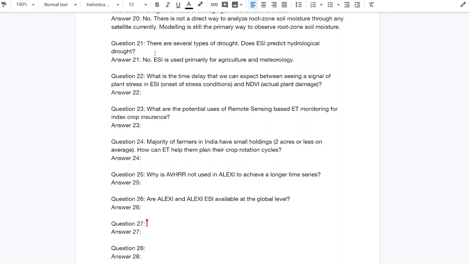Sometimes, if an area is exhibiting a long hydrological drought, we'll definitely see that in ESI too, in some sense, because sometimes the vegetation is feeling that change in deep root zone soil moisture.